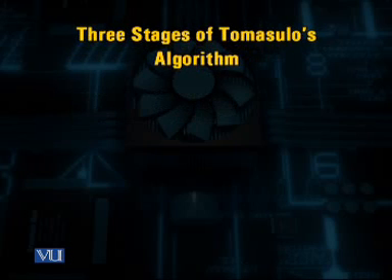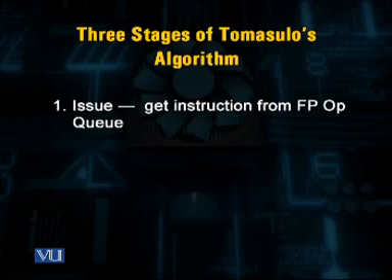The Tomasulo approach is implemented in 3 steps. The first step is issue. Here, at this stage, we get instructions from the floating point operation queue. If reservation station is free, that is no structural hazard, then control issues instructions and sends operands to the reservation station.